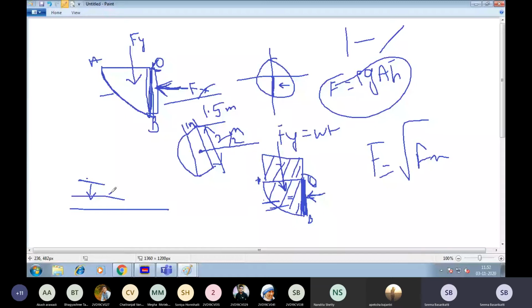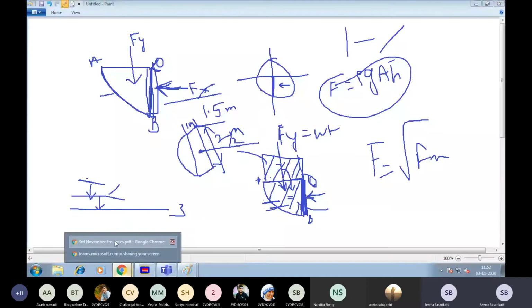So this is the triangular surface, and above that there is a rectangular surface which exerts weight on the triangular surface. Therefore, you need to calculate the weight of this rectangle and the weight of the triangle. Adding them, you will know the force exerted in the y direction.